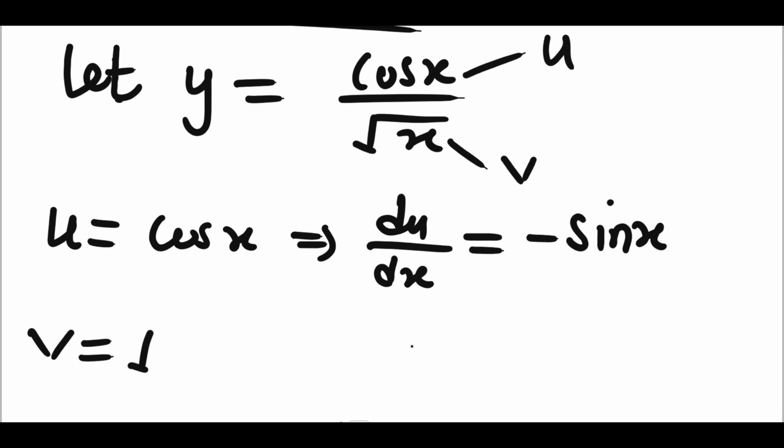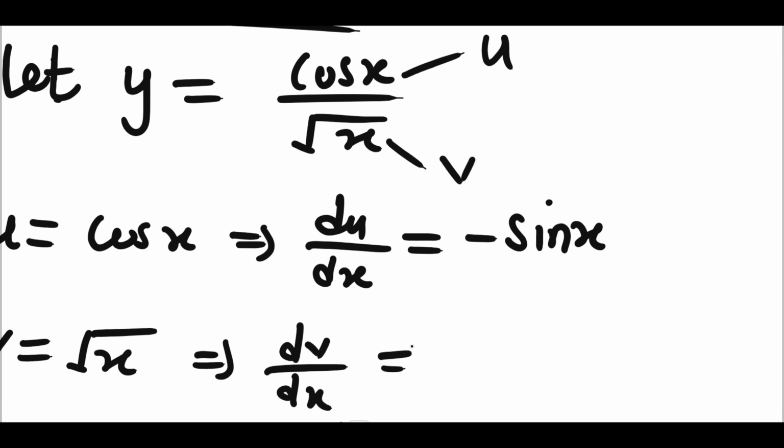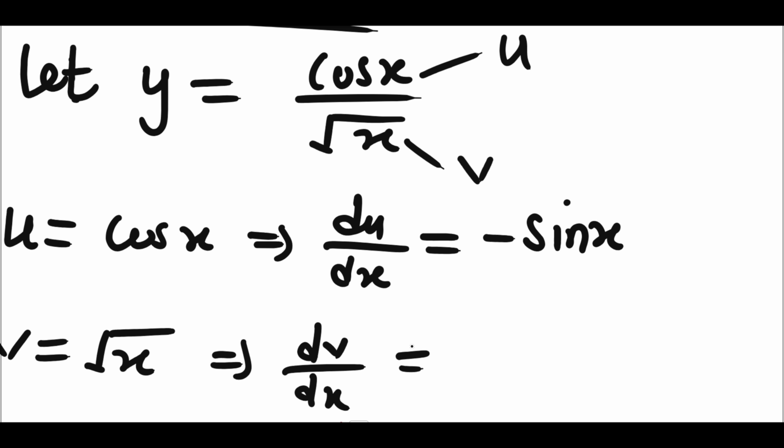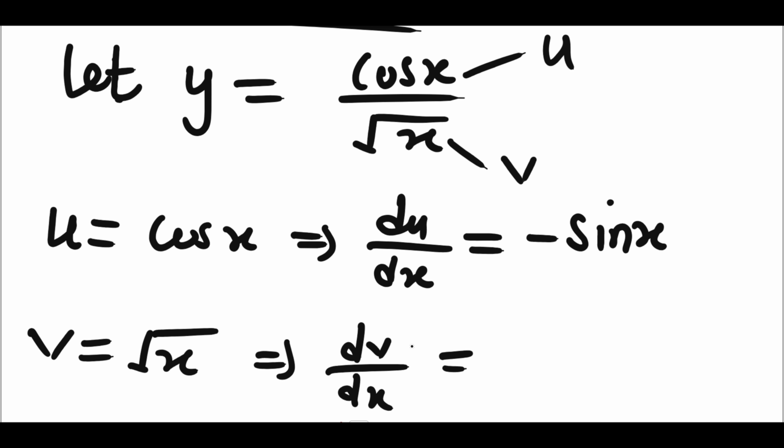Now we also take our v, which is the denominator. So v is equal to the square root of x, which implies that we are going to find our dv/dx. Now you should know that square root of x is the same as x raised to the power half. So it's going to be x in bracket having an exponent of half. We are going to use the power to multiply everything, which is half times x exponent half.